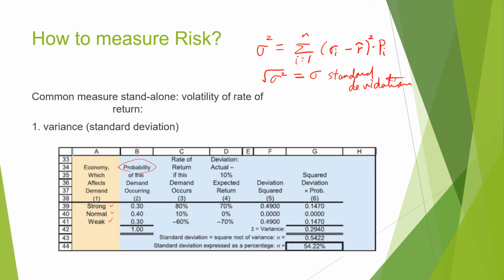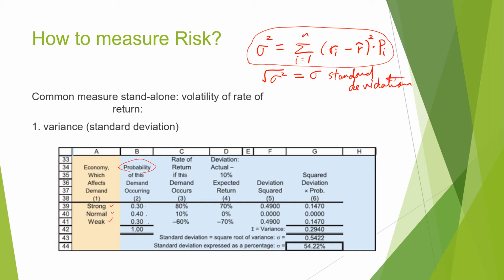When probabilities are given, you are going to use this formula to find out variance. If you go back to your statistics book, then your book can give you a different formula for standard deviation.